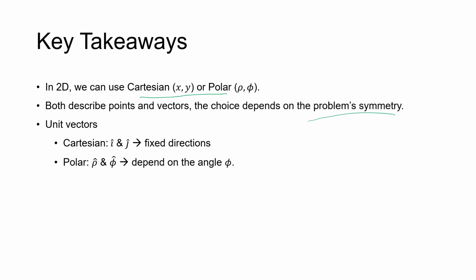In the Cartesian case, i and j describe the x and y directions, which are just directions. In the polar coordinate system, we have rho and phi. Rho is also a direction, and phi is the angle. But both of them have directions that depend on where the angle phi actually points.